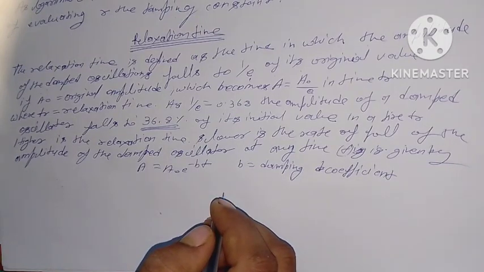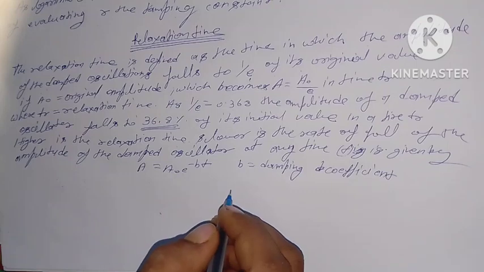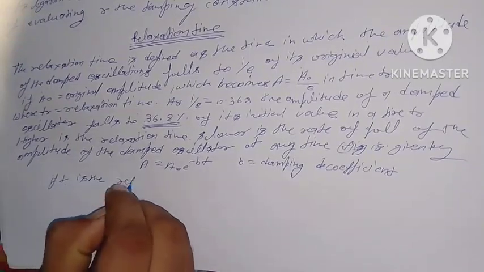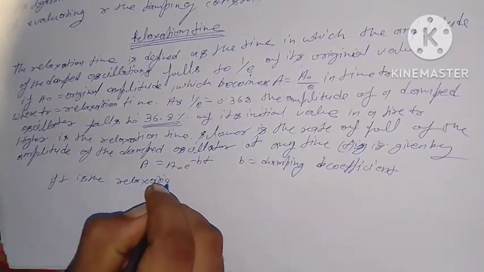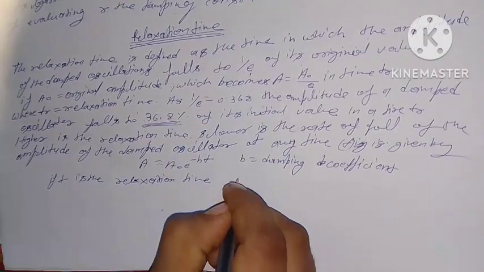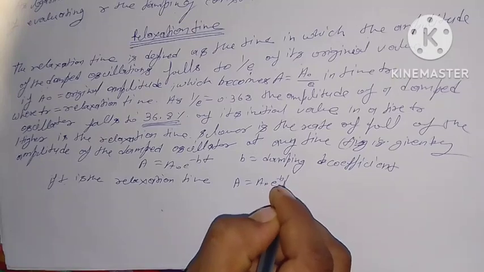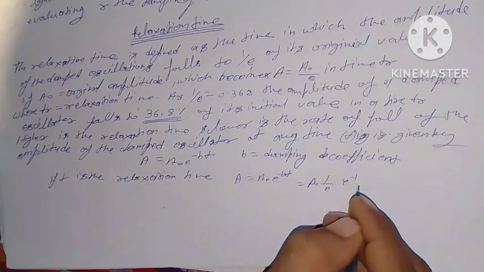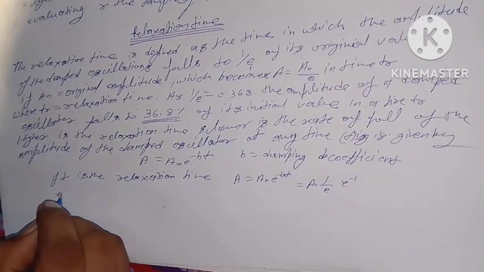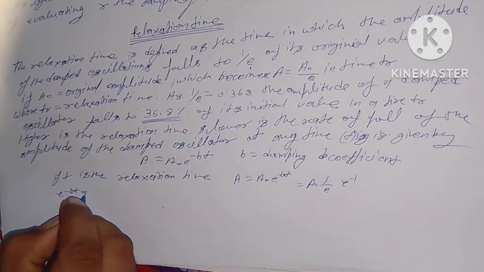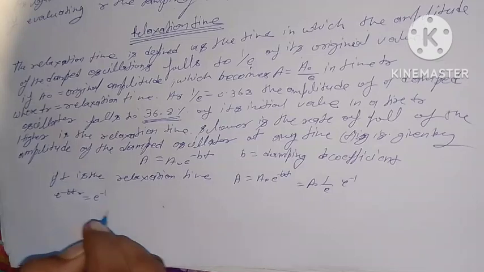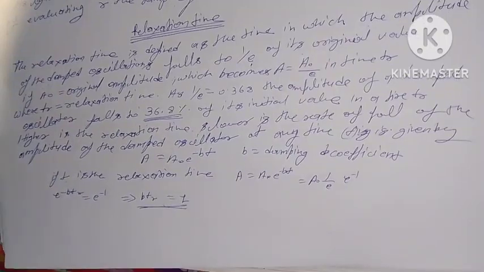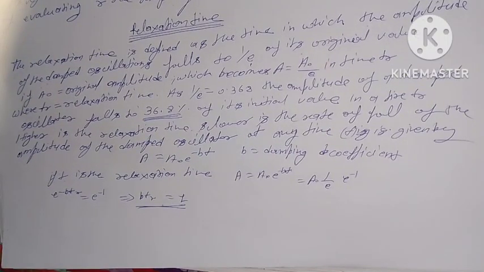If tr is the relaxation time, then a equal to a naught by e, that is a naught e to the power minus 1, so e to the power minus b tr equals e to the power minus 1, that is b tr equal to 1.